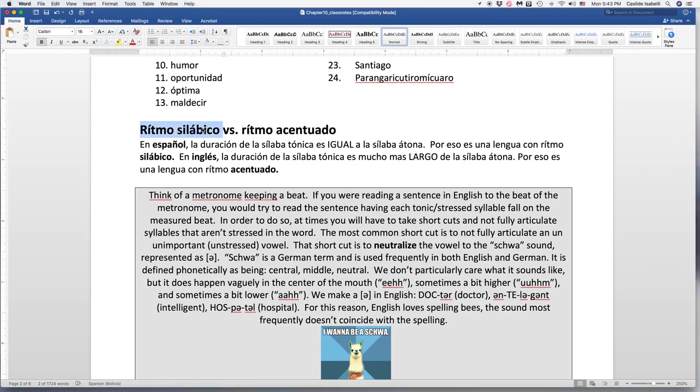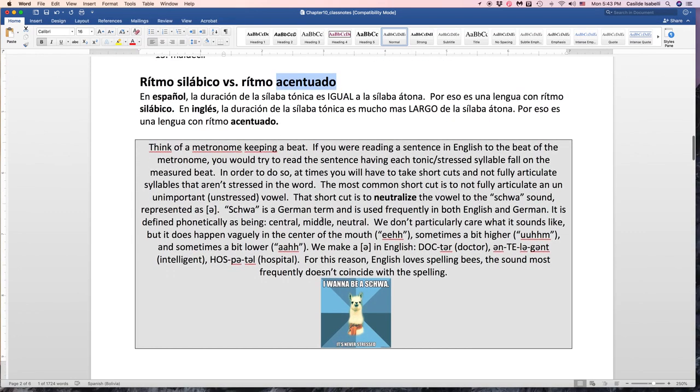Spanish is syllabic, whereas English only gives attention to syllables that are stressed. And this is the most important point of why English speakers mispronounce vowels in Spanish. It's because they eat the unstressed vowels.